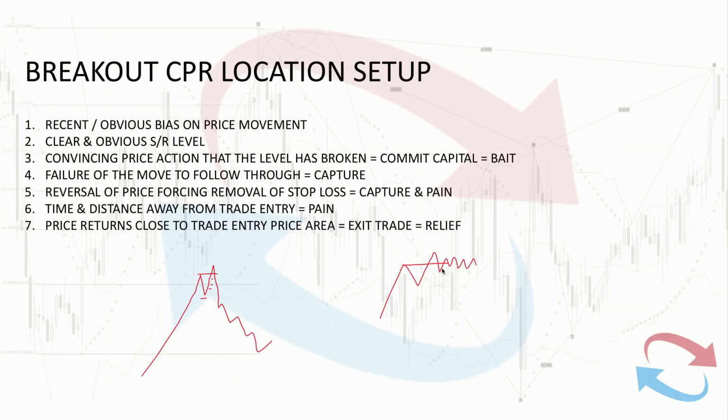You don't want them to exit the trade. You want them to be convinced that prices are going up, and then you want shocking price action to really drag them into the pain phase.